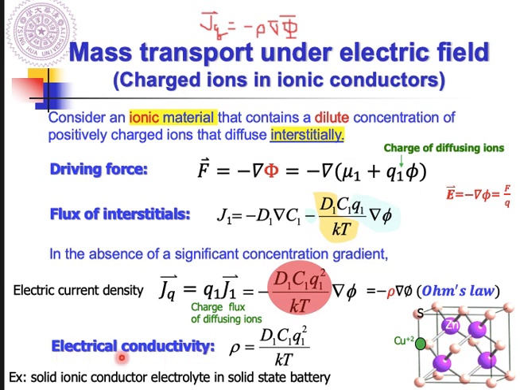So we know the electrical conductivity for these ionic conductors is related to these parameters. So in this case, you can tune or control the conductivity of ionic materials to reach the highest conductivity.